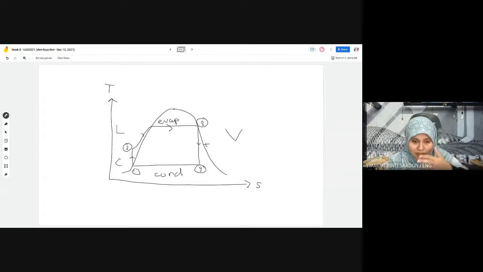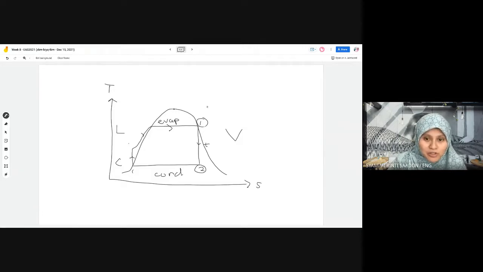The Z is the altitude, the location, because we want to calculate potential energy. So we focus on just the turbine. One here, two here, inlet and outlet of the turbine.